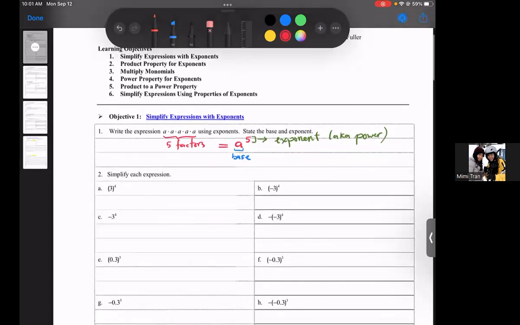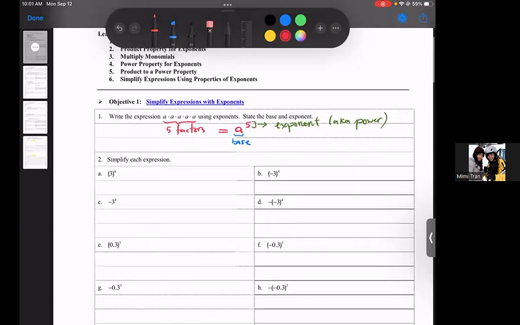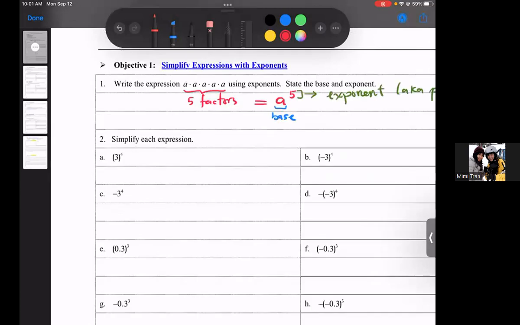So let's try example number 2A here. I have 3 to the 4. Now you can use your calculator, or you can do what? Yeah, 3 times 3 times 3 times 3, 4 times. 3 times 3 is 9, 9 times 9 is 81.